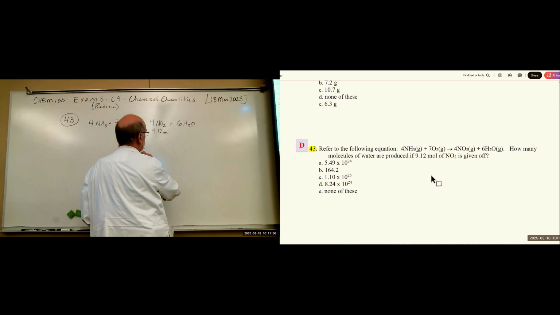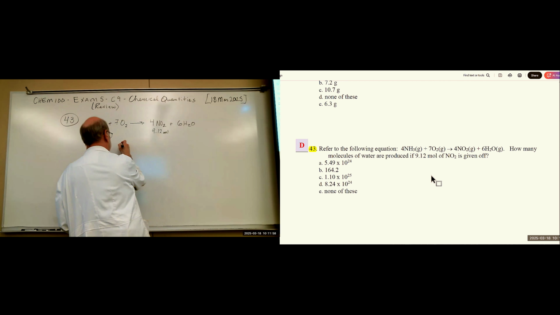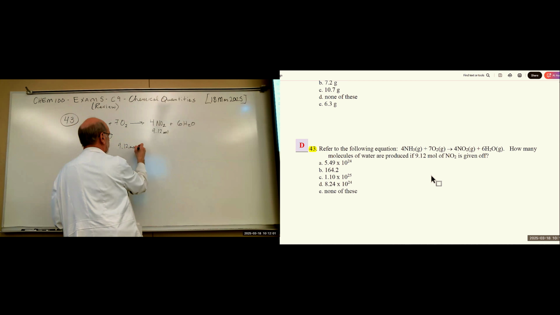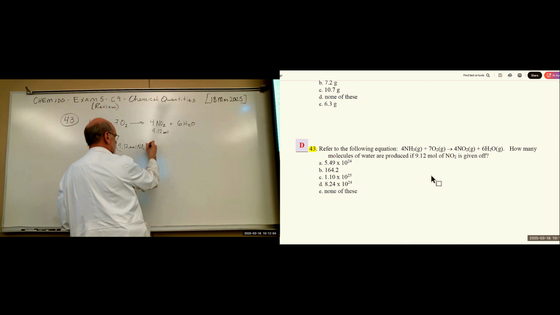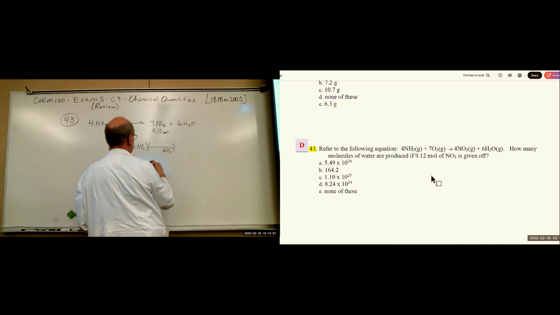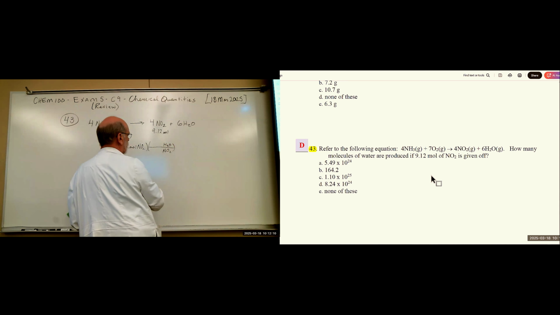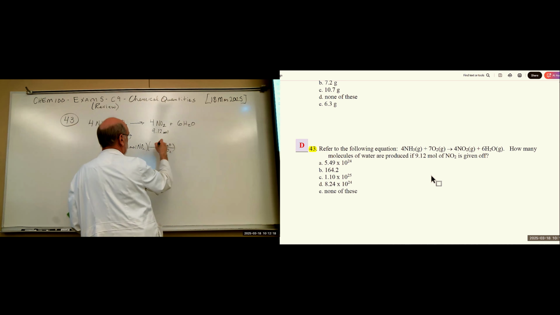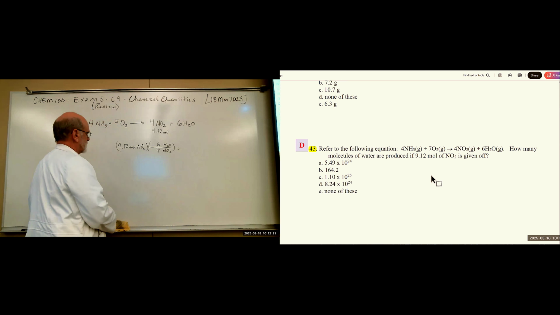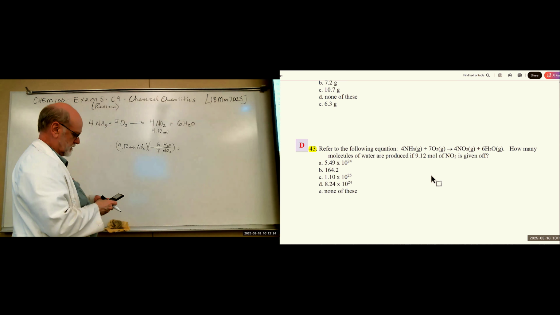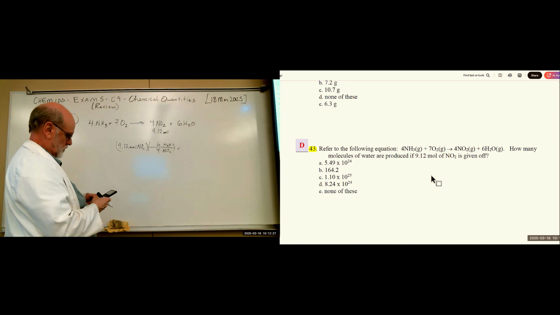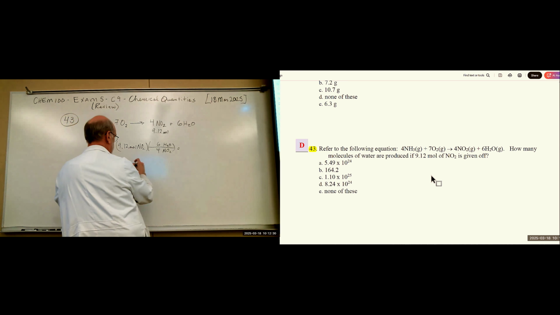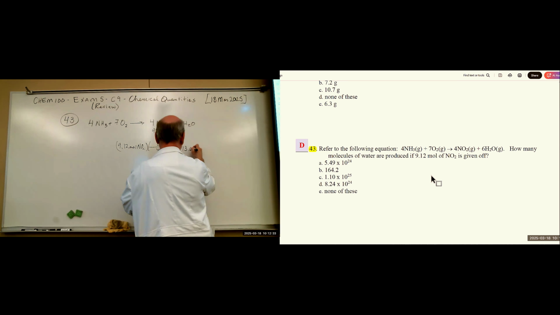So how many molecules of water are produced from 9.12 moles of NO2? Well, we do the conversion using coefficients. Until you get the moles of water, you can't calculate the number of molecules of water. So this coefficient is 4 and that one's 6. So 9.12 times 6 divided by 4 is 13.68 moles of water.